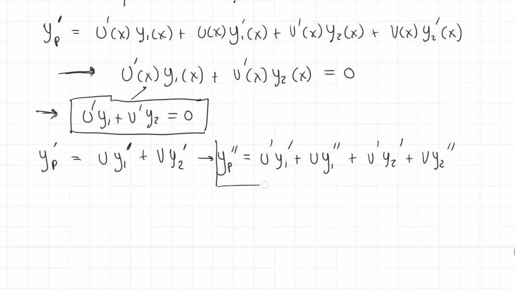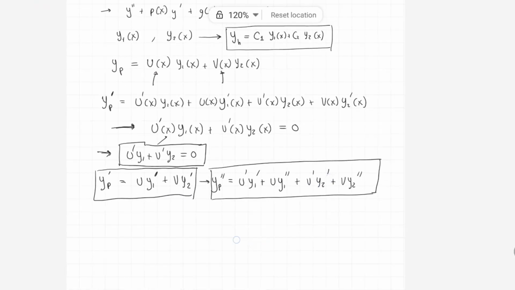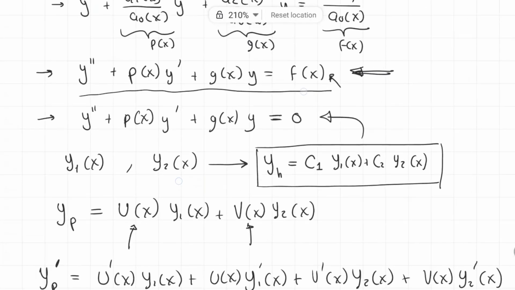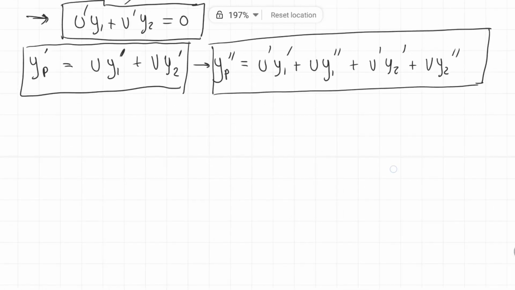Now we have found the two derivatives that we needed to substitute in our original differential equation, which is this one over here. We need to put the second derivative of y, then plus p of x times y prime plus g of x times y, and set that equal to f of x.